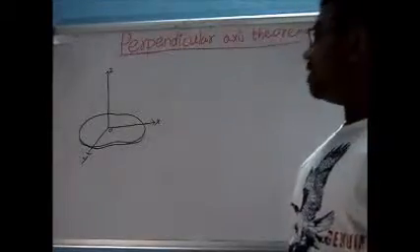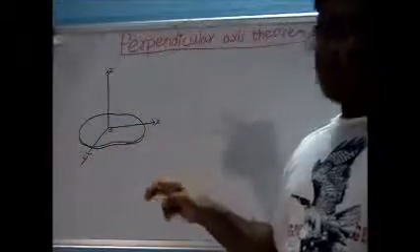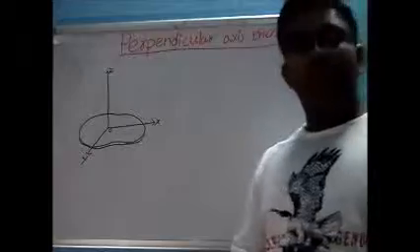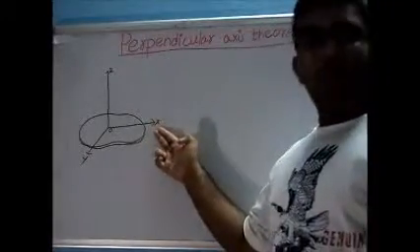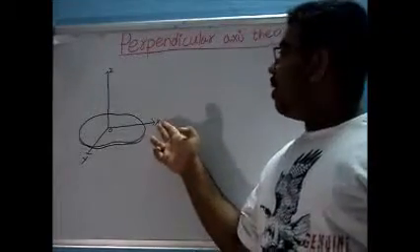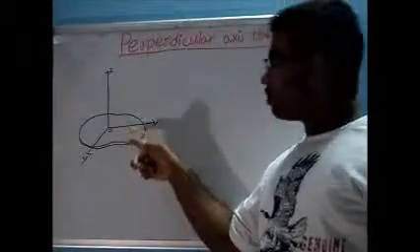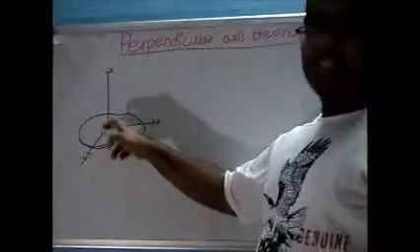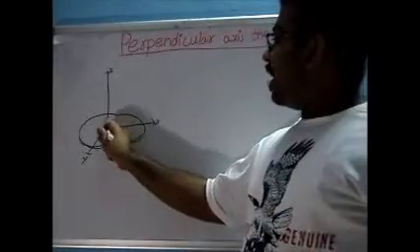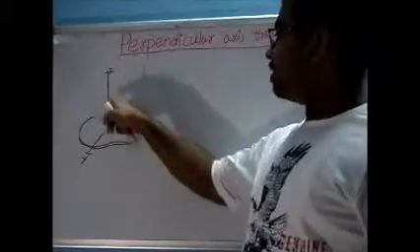The perpendicular axis theorem states that the moment of inertia along the axis perpendicular to the plane lamina is equal to the sum of the moments of inertia along the axes perpendicular to each other on the plane lamina, which intersect each other at the point where the axis perpendicular to the plane lamina lies.